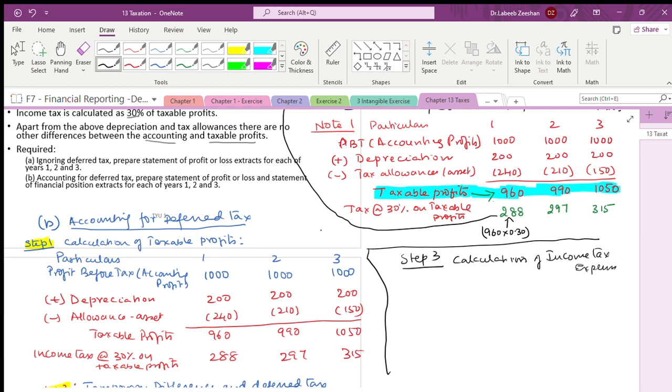We have to know the net value for year 1, year 2 and year 3.